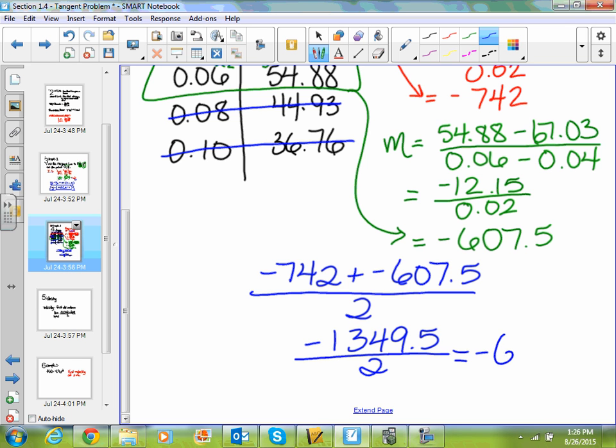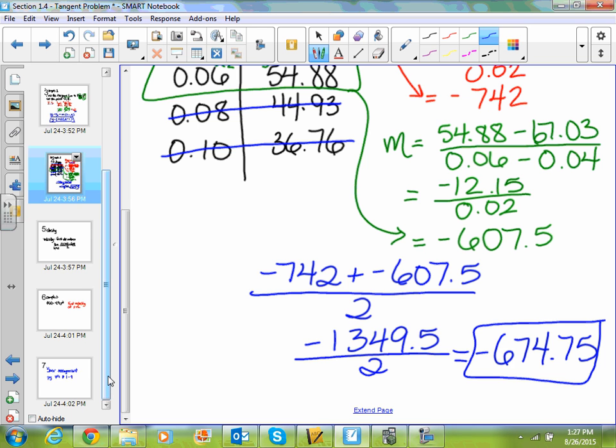Negative 674.75. Very good. So my instantaneous slope at 0.04 is negative 674.75. That's it. So with a table, it's a lot easier than with a graph. Although, I guess the table's more work, but it's easier steps, I think.